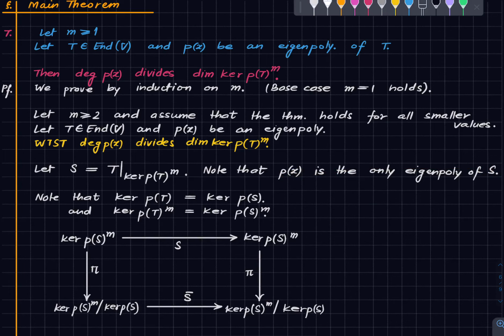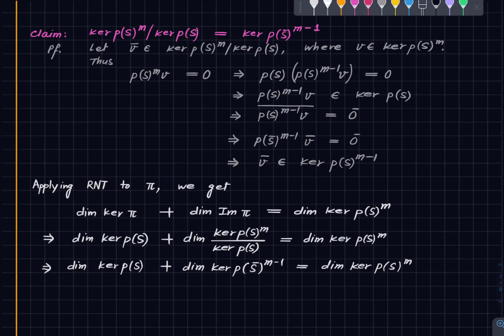Okay. So as long as this quotient space on which S bar is an endomorphism is non-trivial, Px has to be an eigenpolynomial of S bar, right? In the case where this is a trivial space, meaning this is actually equal to that, there is nothing to prove. We were already done.